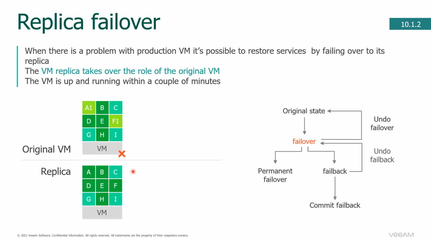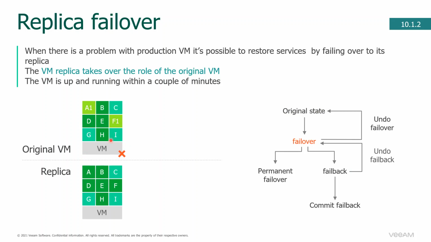And you will find that A1 and F1 data is still sitting inside the original VM in your production environment. So your production VM now is down. This data will be considered lost because you can't bring up the VM anytime soon, maybe due to hardware issue, etc.